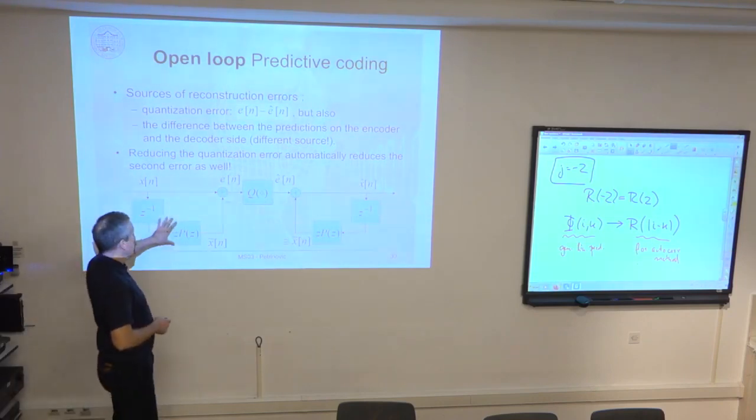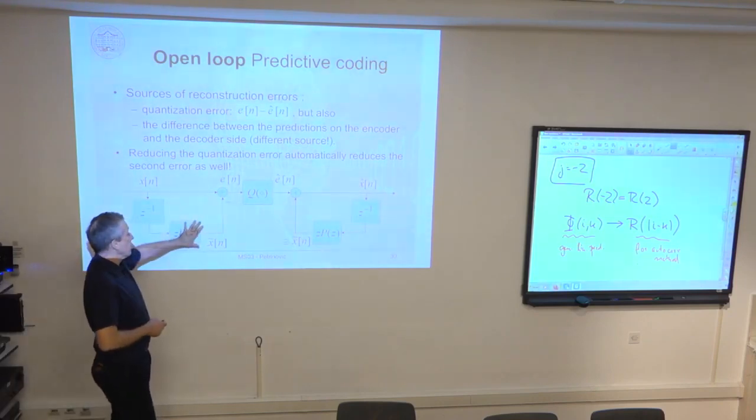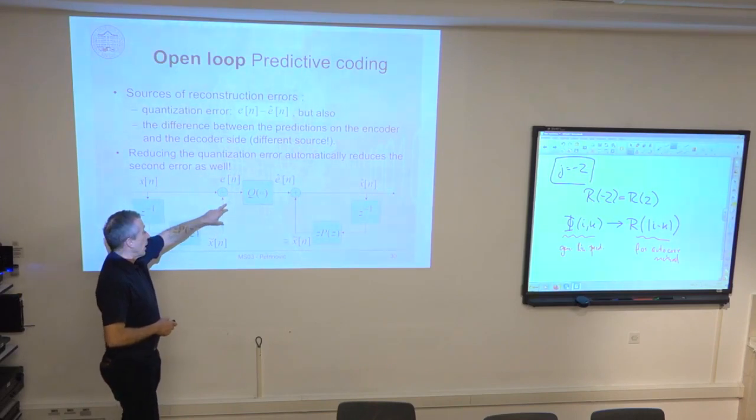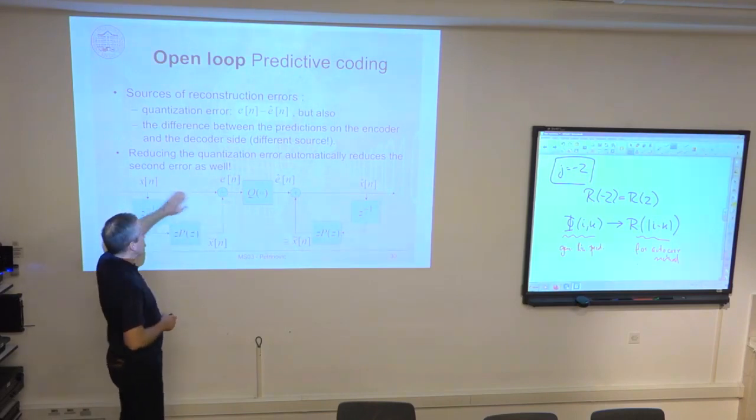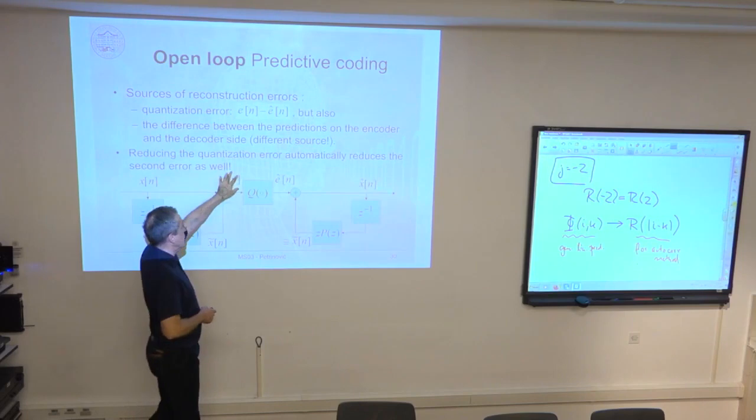So this here is the prediction system, where the prediction is subtracted from the original signal, and I get the residual.